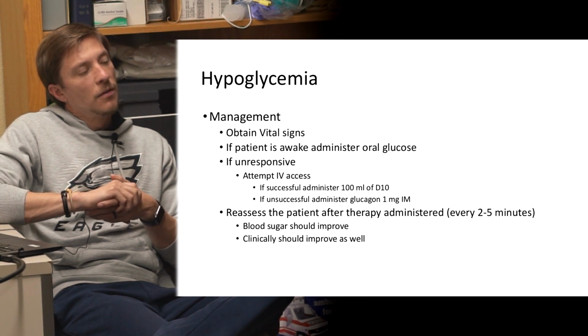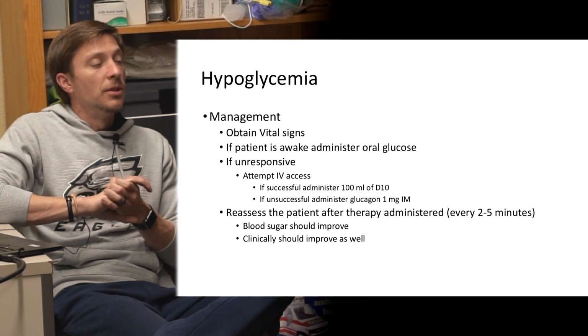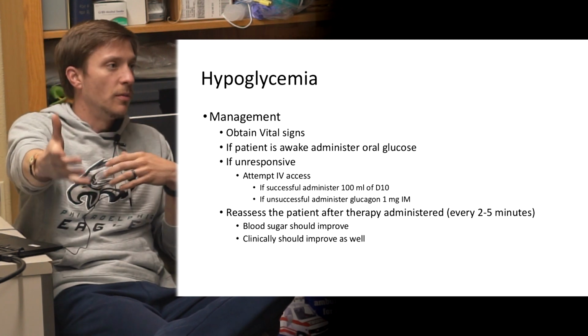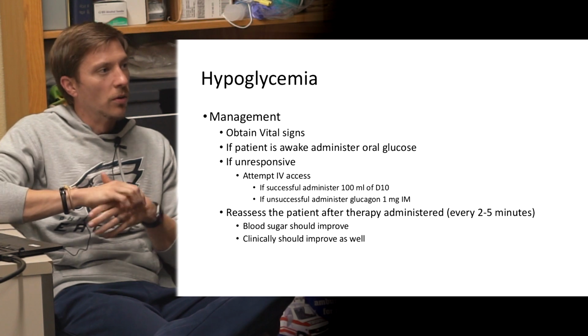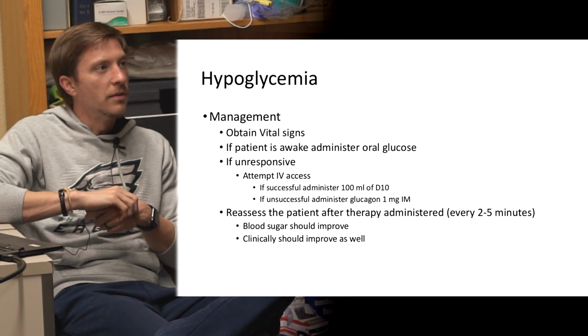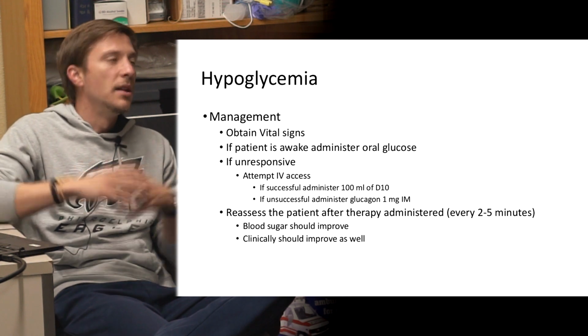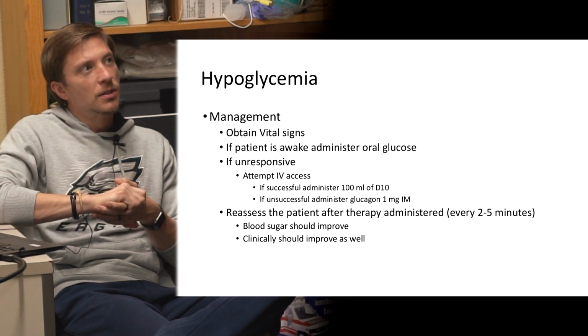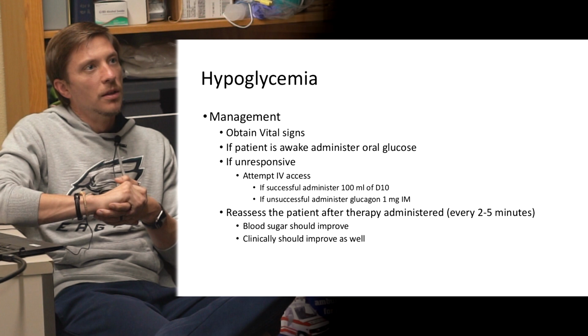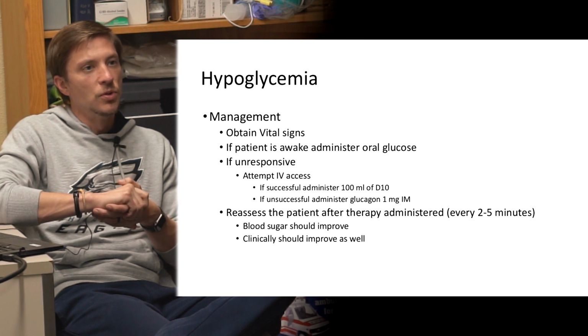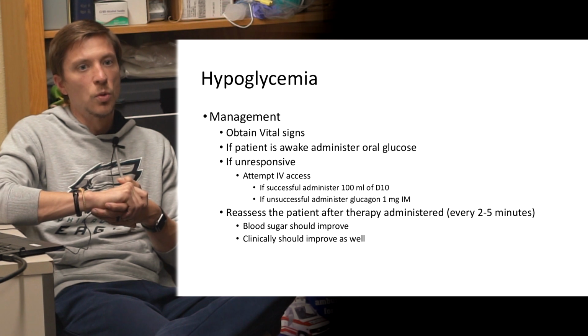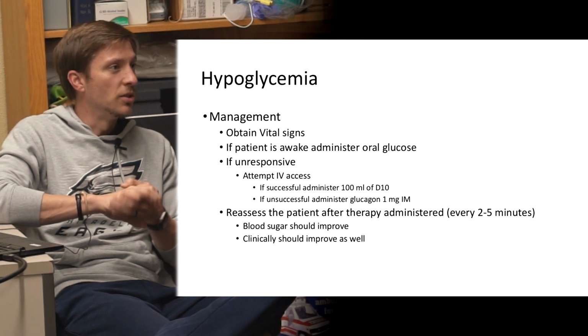What are your parameters, or is it just going to be clinically based on symptoms? Clinically on symptoms. So if someone's awake and talking to you, but their blood sugar is low, I would just give them oral glucose. But if they become unresponsive, then IV. Now, there are some caveats. We've had a lady in Winona whose blood sugar routinely drops down to like 30 or 20, and by some grace of God, she's still awake and talking.